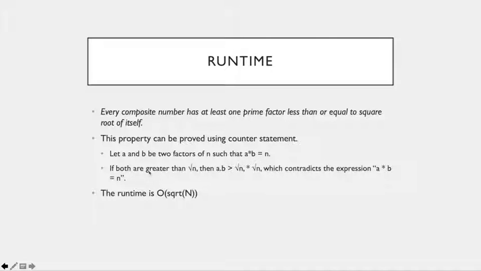If both a and b are greater than the square root of n, then a times b is greater than the square root of n times the square root of n, which contradicts the expression a times b equals n. And this will conclude the runtime upper bound, the big O for this algorithm, is the square root of n. So let's use 2 examples to prove this.